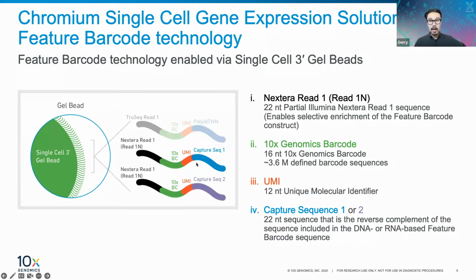However, there are 2 different 22 nucleotide capture sequences present, either capture sequence 1 or capture sequence 2. These sequences are the reverse complement to the sequences present in your DNA or RNA based feature. So depending on whether it's protein or CRISPR, they would be captured with either capture sequence 1 or capture sequence 2.